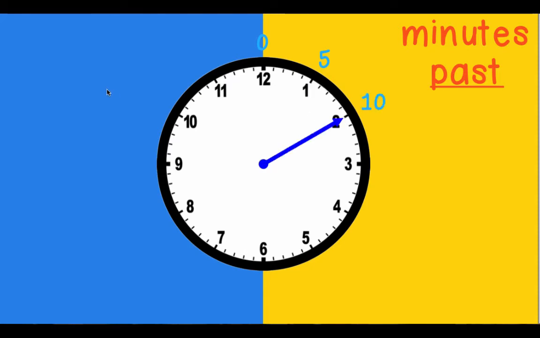So when we reach the 2, it represents 10 minutes past the hour. 15 minutes past, 20, 25, and 30 minutes past. We looked at in the previous video that this is half past, because we've moved halfway around the clock.